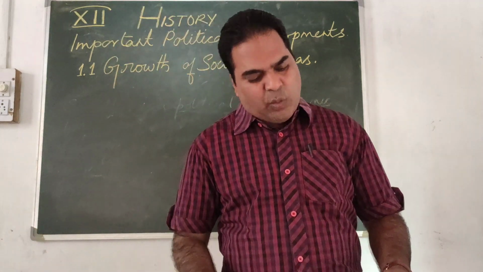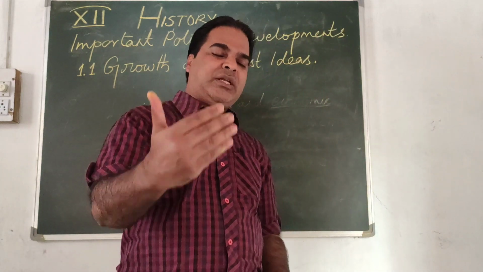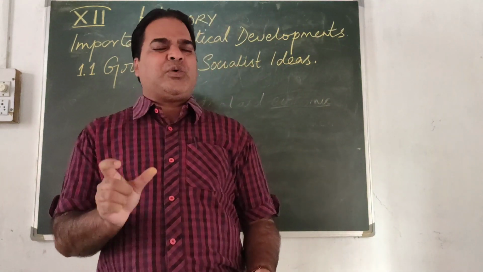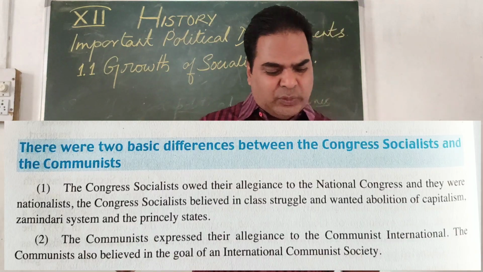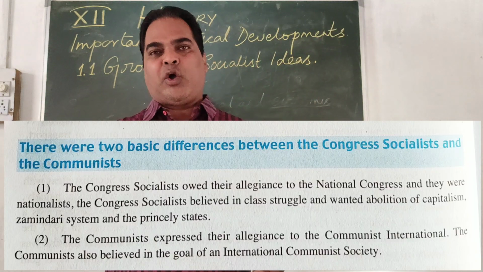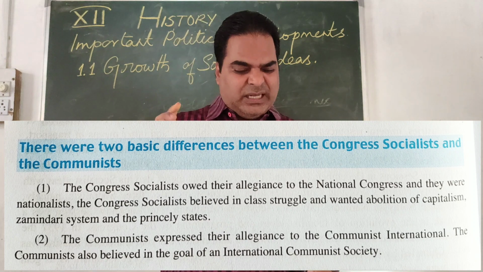So once again, what is the basic difference between the Congress socialist and the communist? Both are the same, you may feel like that, but a little difference is there.